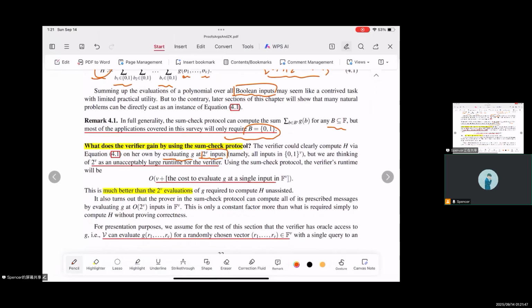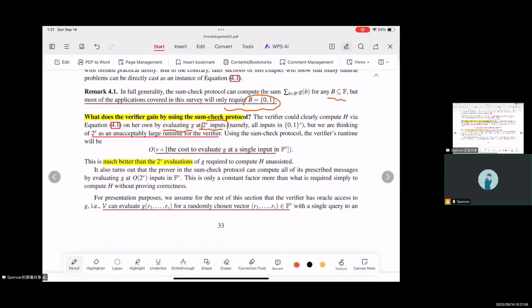But 2^v is an unacceptably large runtime for the verifier, so it is very time wasting. Under the sum check protocol, we will prove that the verifier's runtime is much less than 2^v.